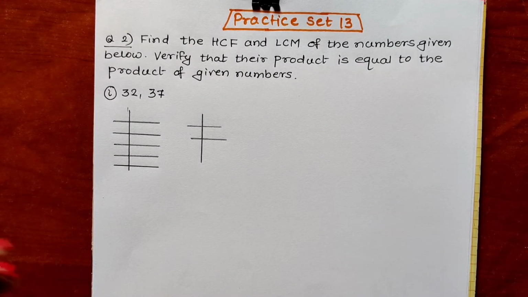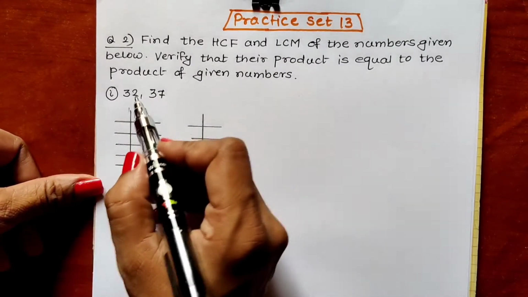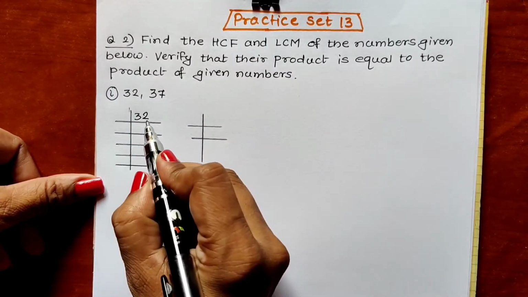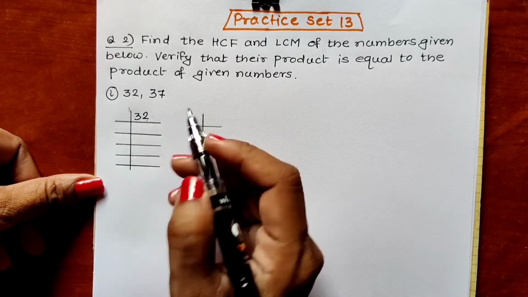The two numbers given are 32 and 37. First we will find the prime factors of 32. 2 is in the unit place, which means it is divisible by 2.